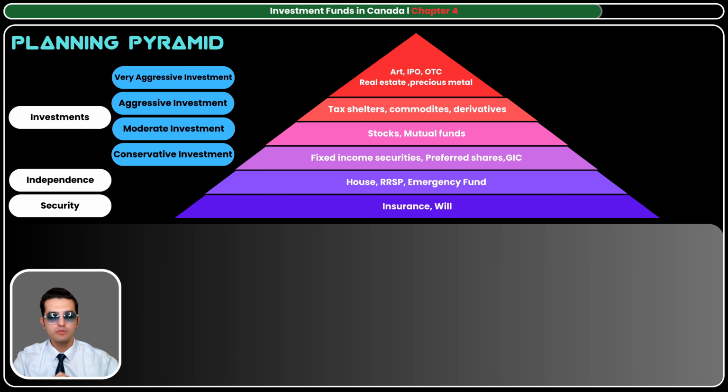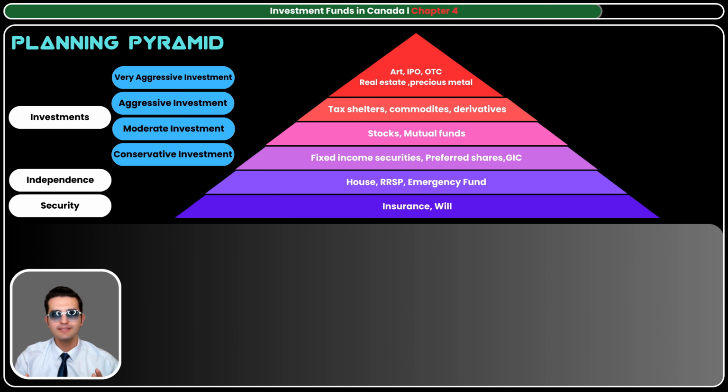It says you need to have your insurance first and then invest in commodities. Okay? When you go higher in the pyramid, it gets less priority in your financial perspective in life.